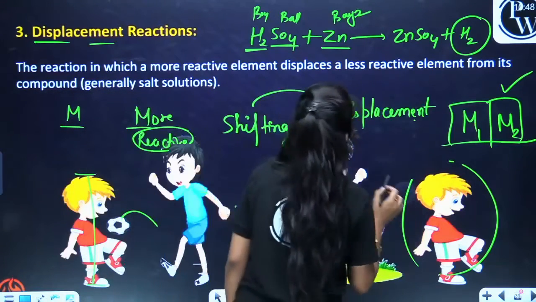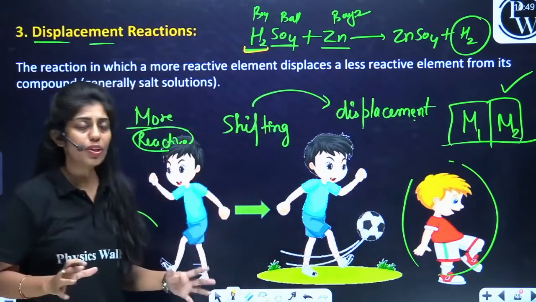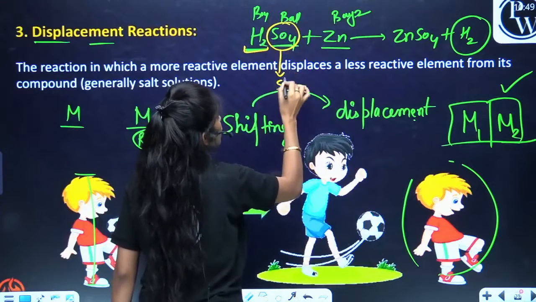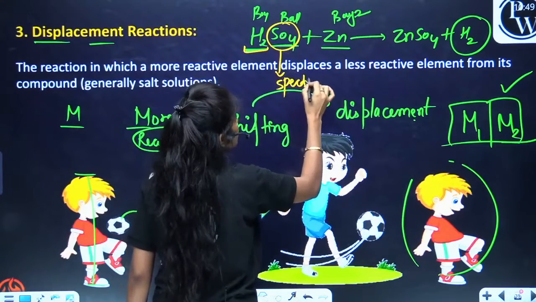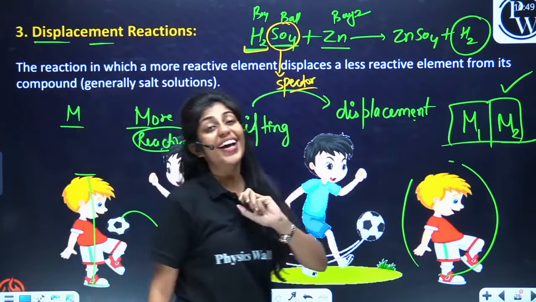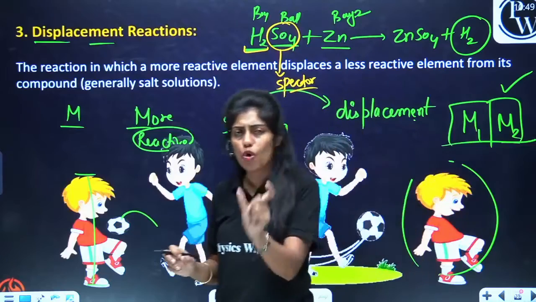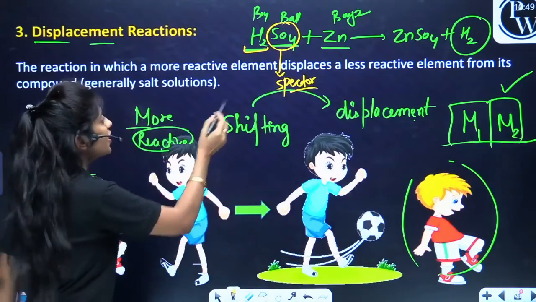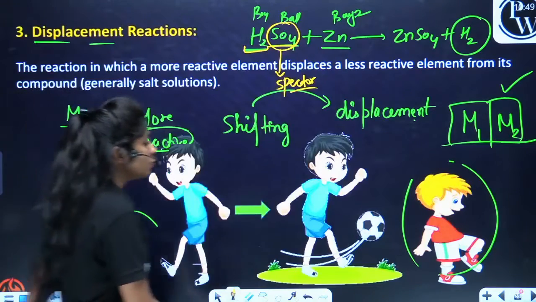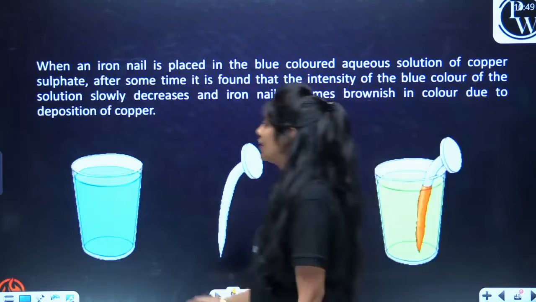Here we can conclude that this is the spectator ion. We will call it the spectator ion. So there are only three characters: metal 1, metal 2 and the spectator ion. The displacement happens for the spectator ion. What is the spectator ion here? That is SO4. Okay, let's move to the next slide to have more clarity.